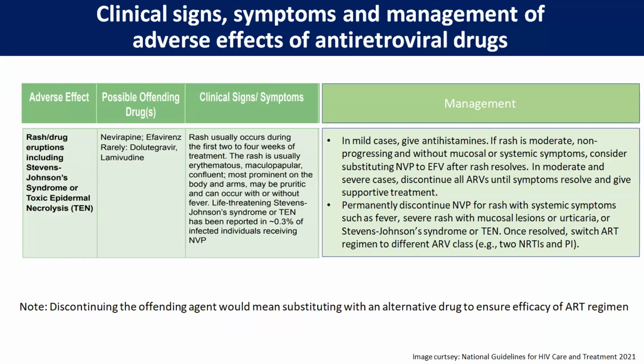And now the rash. I have already mentioned that both the NNRTIs, nevirapine and efavirenz, were notorious for causing drug rash. Nowadays, though rare, dolutegravir and lamivudine can also produce drug rash. We have to grade the rash. Rash usually occurs within the first 2 to 4 weeks of treatment. Usually there is only an erythematous maculopapular rash, usually confined, like the rash of any viral illness.